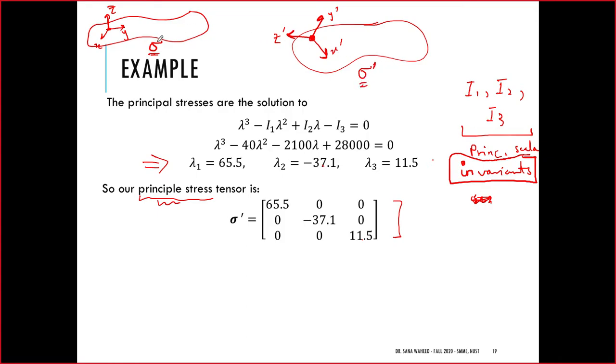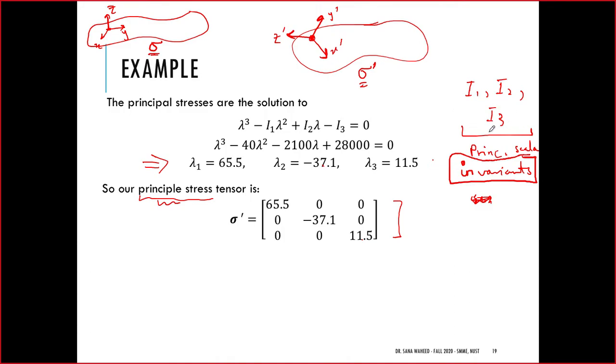If you find the principal scalar invariants for this and if you find the principal scalar invariants for sigma prime, you will get the same values.